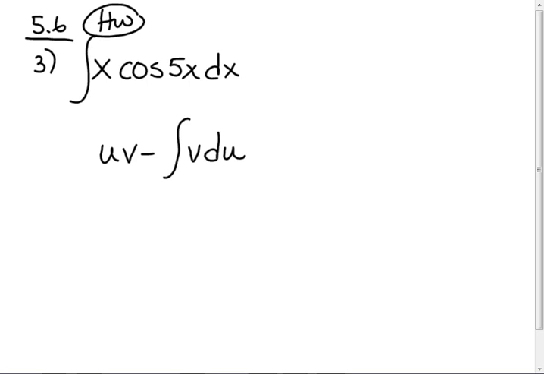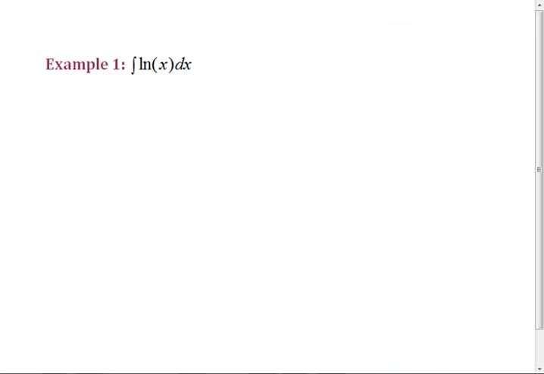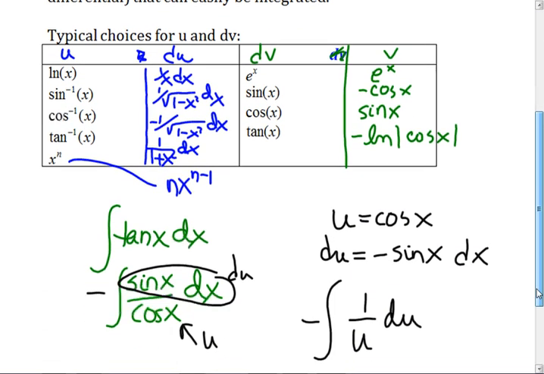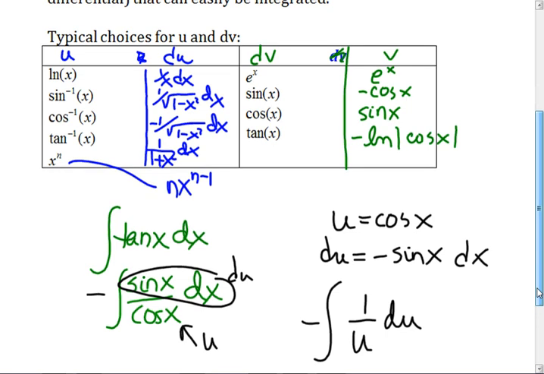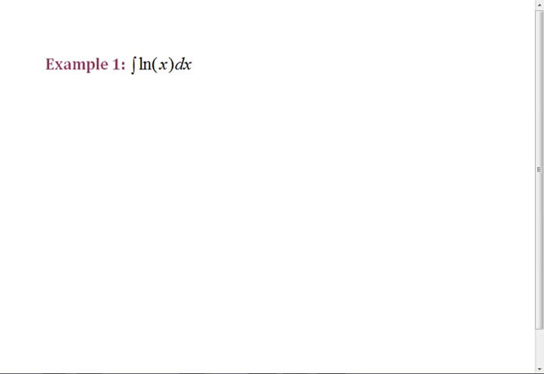There's a mnemonic for it, but I never understand it, so I don't use it. You want the ones that are going to go away when you differentiate them to be your U. So I want U to be X. I want dV to be those things that if I differentiate, they don't really change form. They don't go away. Tangent could give me secant squared, but I don't know if that's going to help me. And you just have to do it.